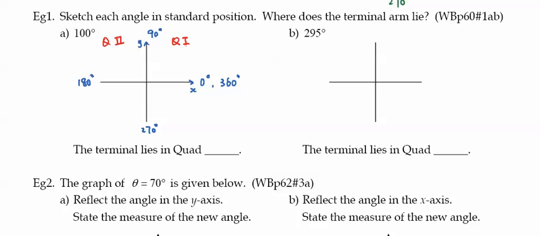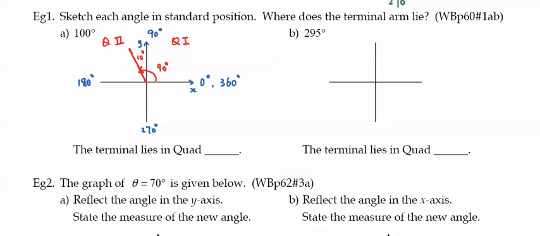We have 100, so your angle will go just a little bit beyond 90. How many degrees beyond 90 degrees? 10 degrees. You have 90 degrees on one side, you have 10 degrees on the other side, they add up to 100 degrees. So that's what you want.